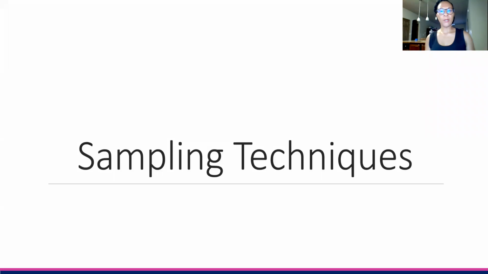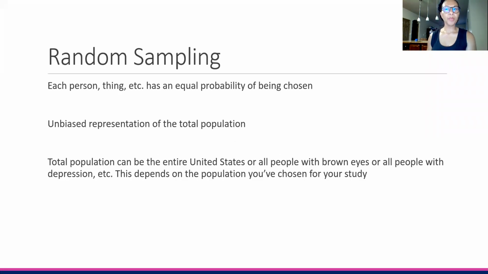Okay, so here we go. Let's talk about the different types of sampling techniques. The chapter starts by talking about random sampling, and random sampling is considered to be the gold standard of research. What we see here is that each person, each thing, each trait, each characteristic, whatever it is, has an equal chance of being chosen as part of your study.